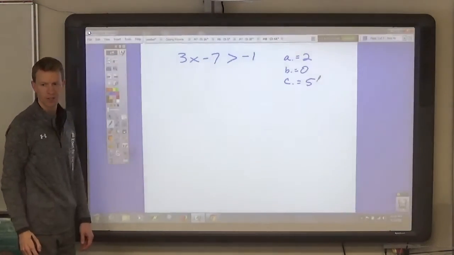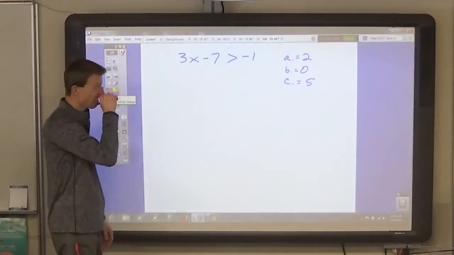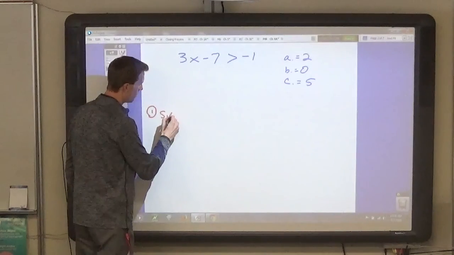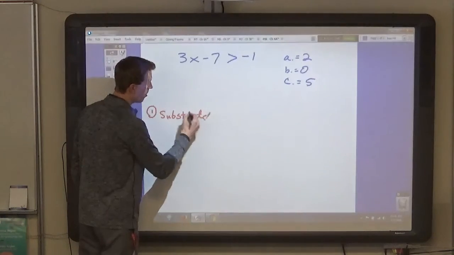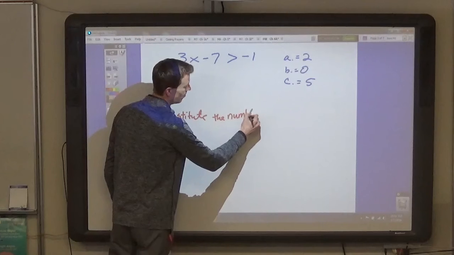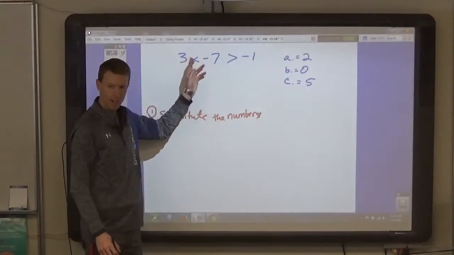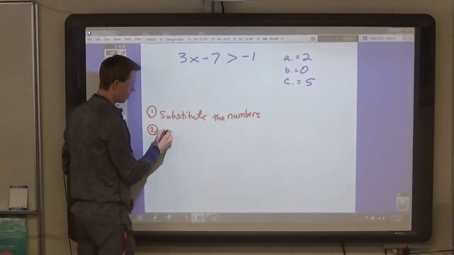What do you have to do here, Dylan? What's the process? Substitute for each of the numbers, and you times it by 3. So substitute the numbers. Substitute the variable x for the numbers. Yep. Then what? Times each number by 3.